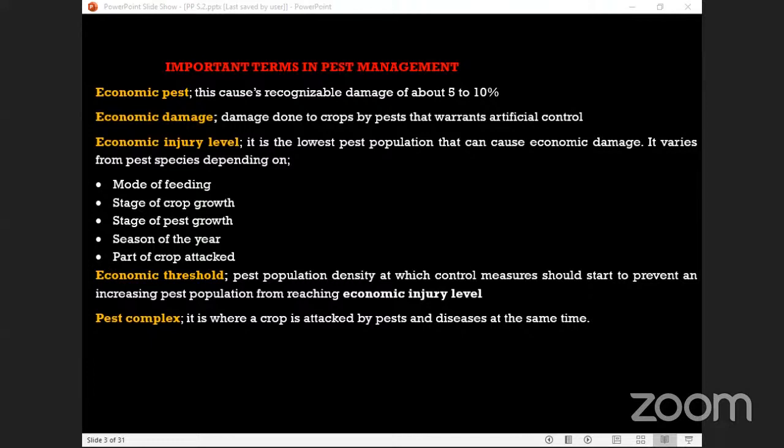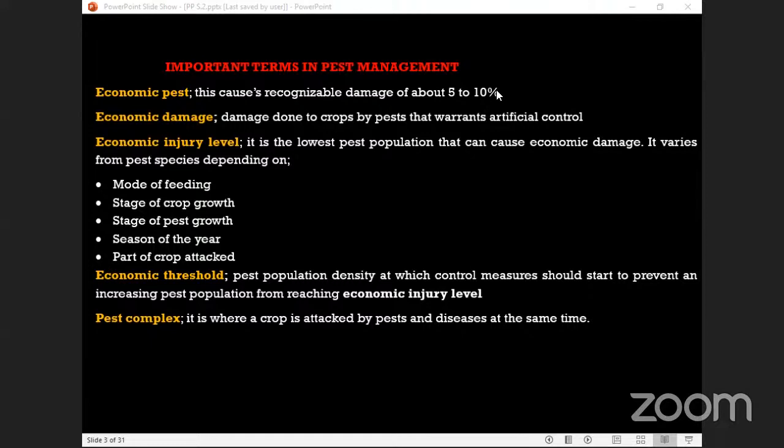There are those that bite and chew, and then there are those that pierce and suck. Also, the stage of the crop growth. Some crops are very prone to pests at the early stage of their growth. So they are easily affected.